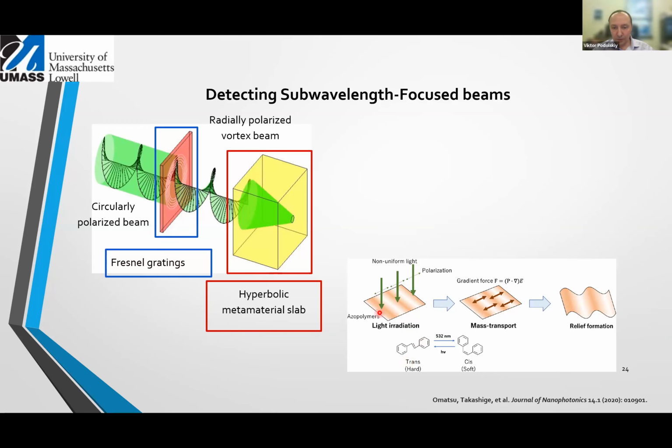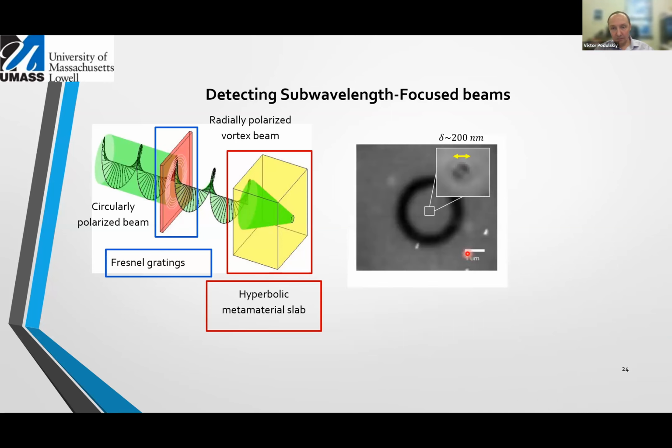So we deposited a layer of this isopolymer on top of our device, and the idea is that we shine the light from the bottom, and then we scan the top of the device to see whether or not we see any asymmetries in the distribution of this polymer. And of course, this is exactly what we see.